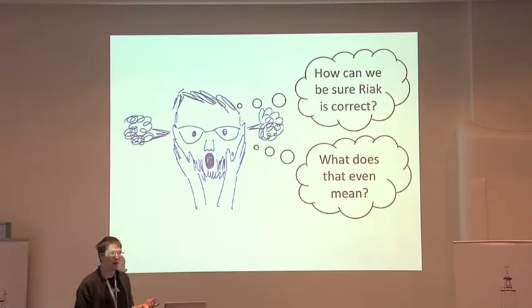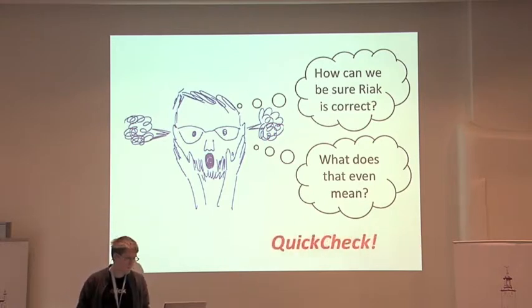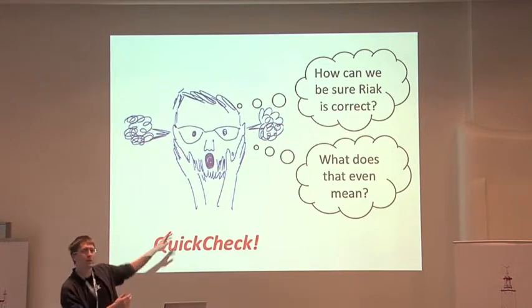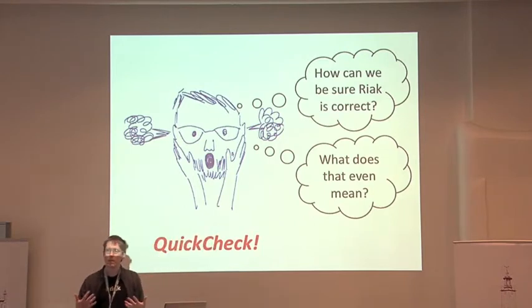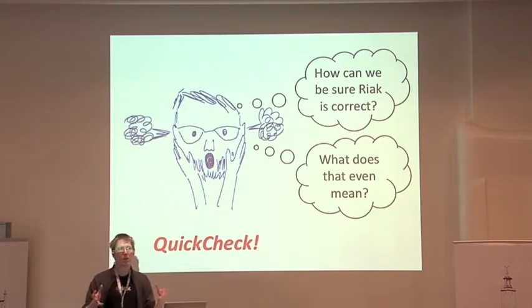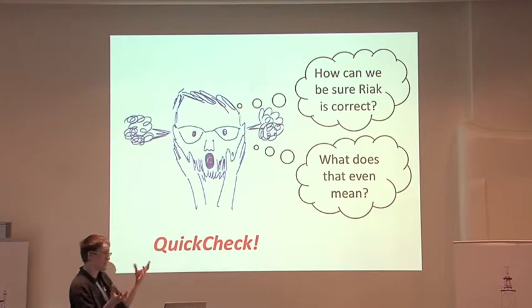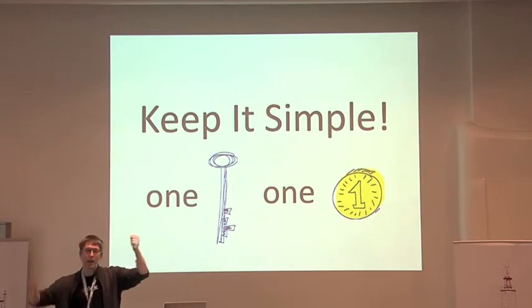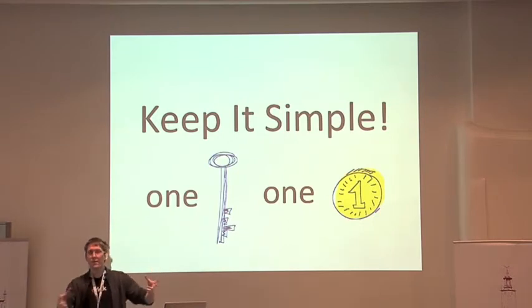So what do we do? Well, I'm from QuickCheck, so the answer is, of course, we use QuickCheck or property-based testing, as we've seen a little bit about today. But we still don't know what correctness means. A good approach in this case is to start off with the simplest possible model of your database that you can think of. Let's just go with one key, one value, and a naive model of how the database works.